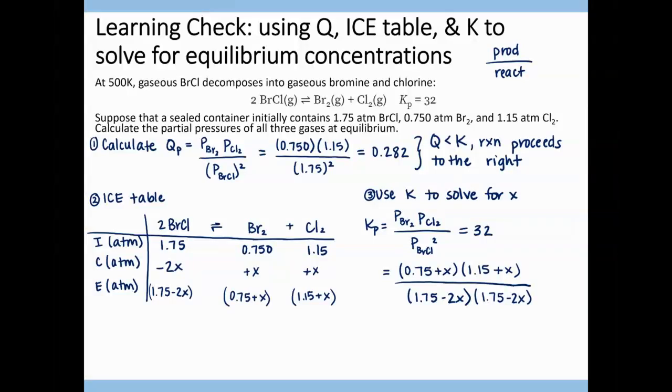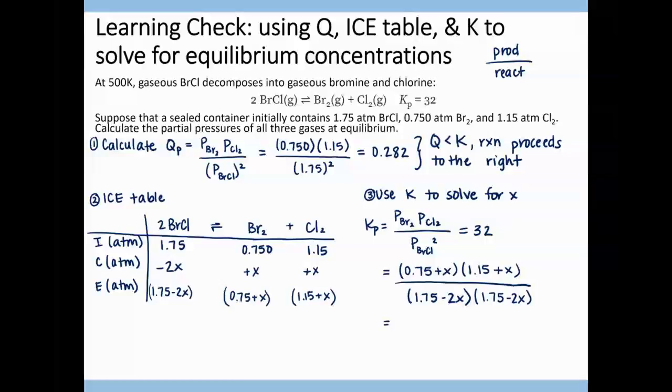When I was in algebra in high school, my teacher taught me the FOIL method. Some of you learned that, a few of you. FOIL is the same thing: F for first, O for outside, I for inside, L for last. So we multiply the two first values, then the two outside values, then the two inside values, then the two last values. Same thing. So we will do that for the numerator and the denominator.